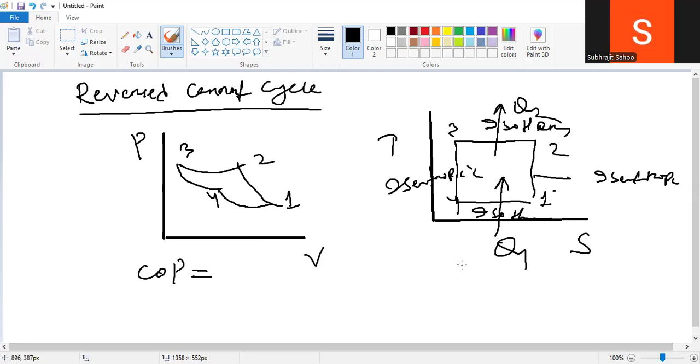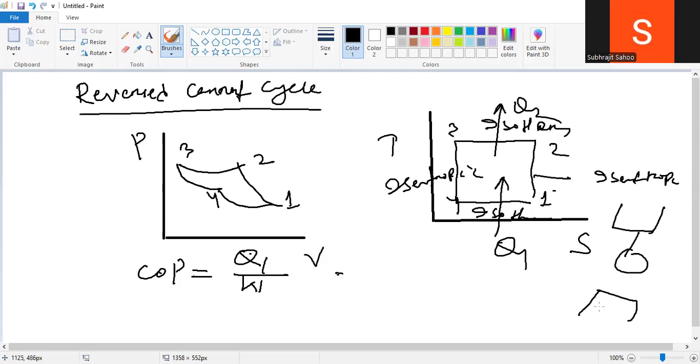See which one is the output, which one is the requirement? That is our output. Here the requirement is heat, how much cooling, Q1, and W. Okay, Q1 by W.